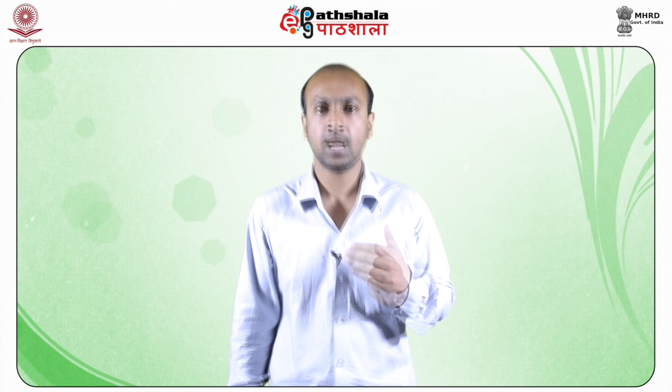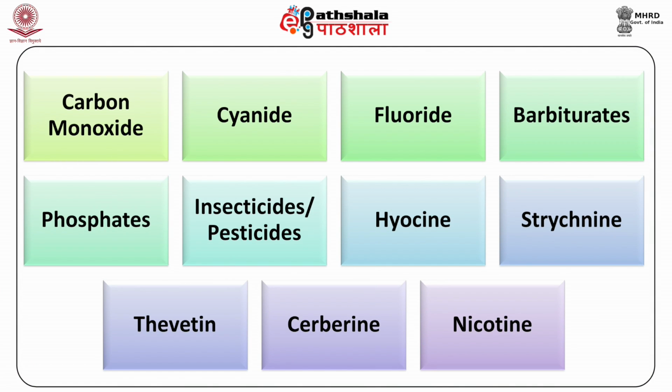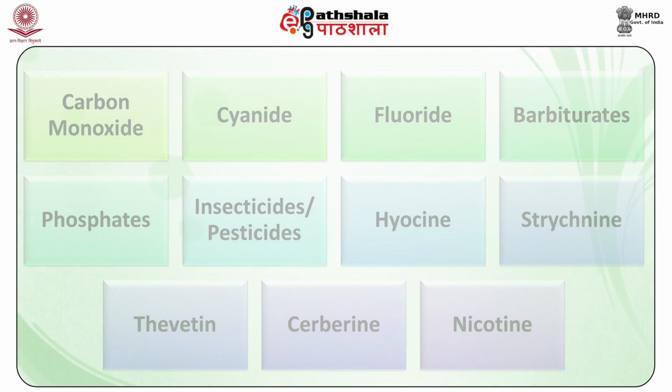Regardless of the decomposition, many toxic substances are still discernible. Examples are carbon monoxide, cyanide, fluoride, barbiturates, phosphates, insecticides, hyoscine, strychnine, thiovetin, serpentine, nicotine, and many other drugs and metallic poisons.